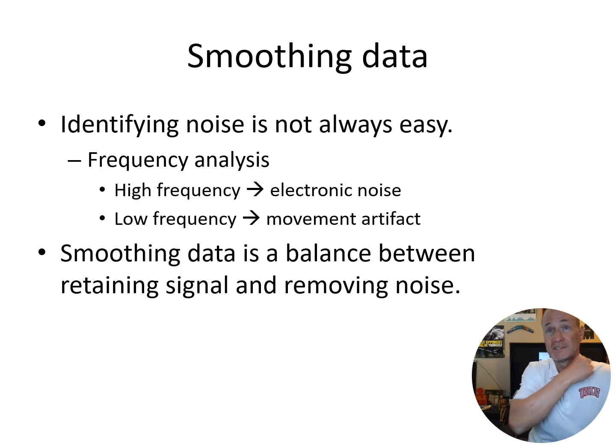So identifying noise is not always easy. It's hard. I gave you a couple of examples where it seems easy and you can detect it, but it's not always that clear. To identify noise, what we will typically do is take the data, put it into the frequency domain, and then look for frequencies that are not humanly possible.